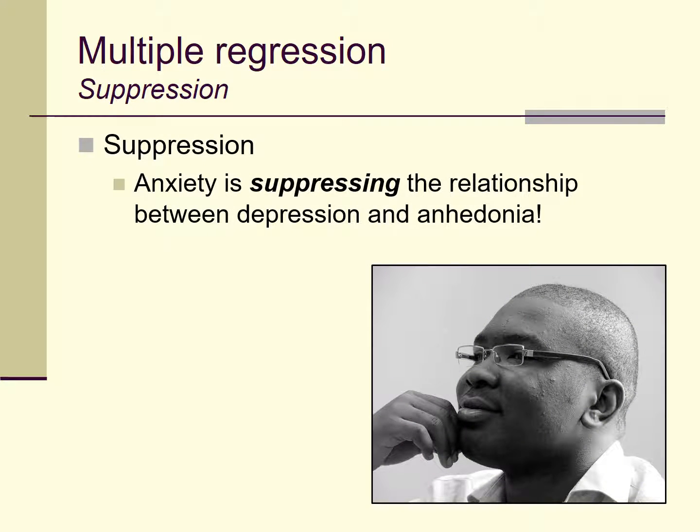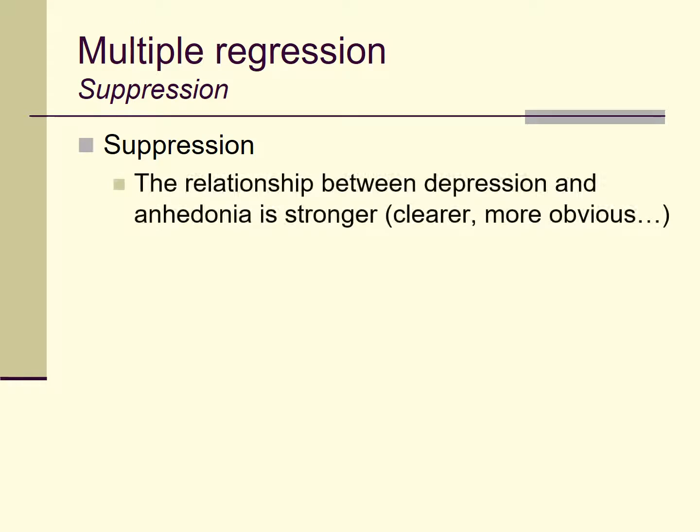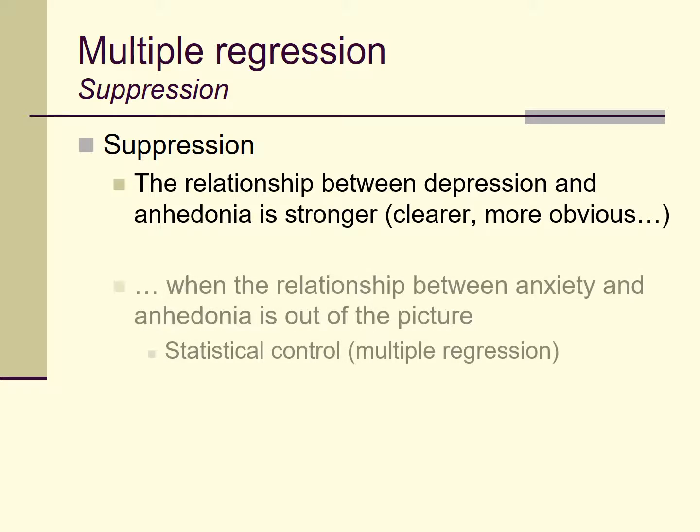Well, the idea of suppression can be thought of in different ways, and one way to think of it is kind of conceptually, in this case, that anxiety is somehow suppressing the relationship between depression and anhedonia. Put in slightly more words, we might say that the relationship between depression and anhedonia is stronger, or it's clearer, or it's more obvious to us when the relationship between anxiety and anhedonia is out of the picture.